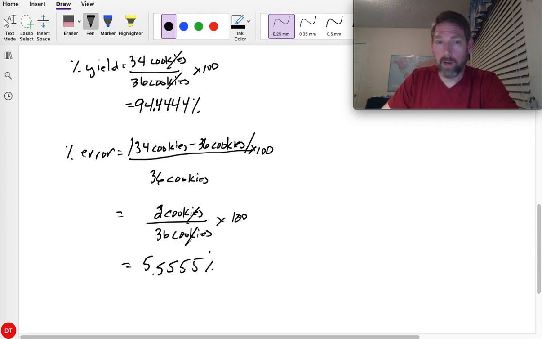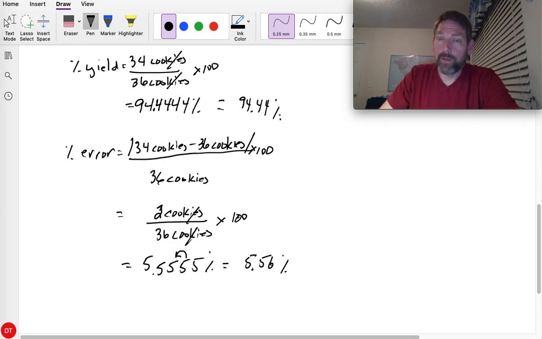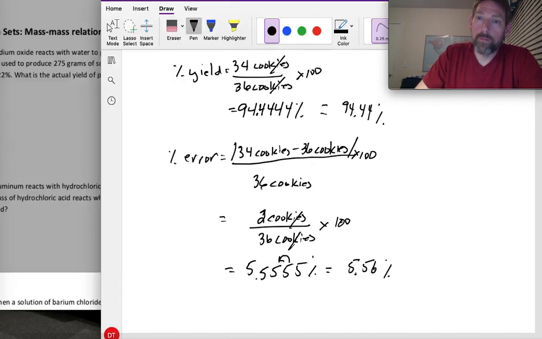So we can make an argument that we just take this 5 and round it up right here, and that gives us 5.56% error. So that means we would look at this and go 94.44%. There's our 100%. It works, right?